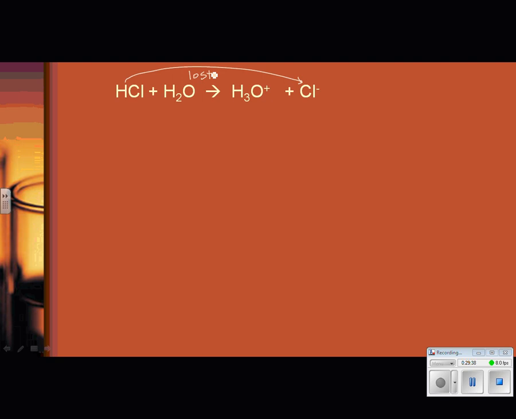Hopefully you said an acid, okay? Then, if you look at the H2O, it gained a hydrogen, so that makes this the base. That would make the chlorine a conjugate base and the hydronium a conjugate acid.